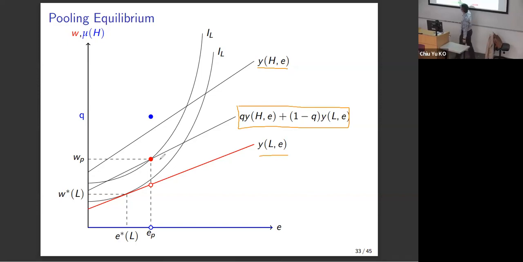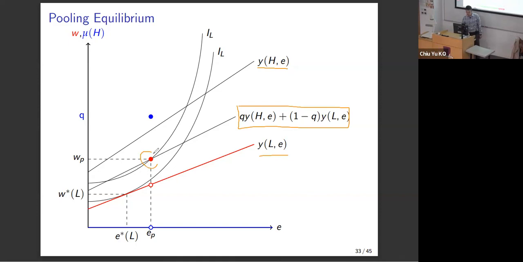The low type either gets this one or gets this one, because this is a wage profile given by Bertrand competition. He just needs to check if this point is higher than this one. As long as, looking at the indifference curve, it's inside, then that's fine.